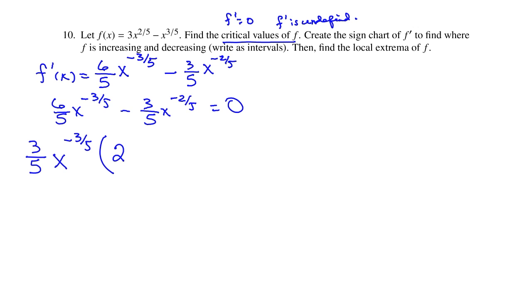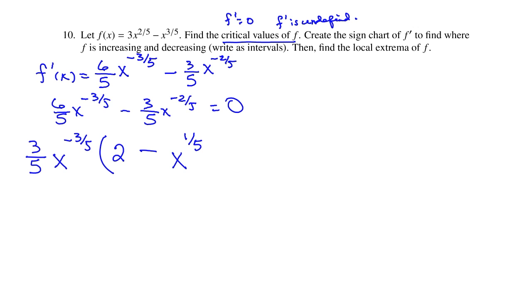The x to the -3/5 has been factored out from this first term, so we move on to the next term. We have factored out the 3/5, and then we have x to the -2/5, and we want to factor out x to the -3/5 from that. So that would leave me with x to the 1/5.